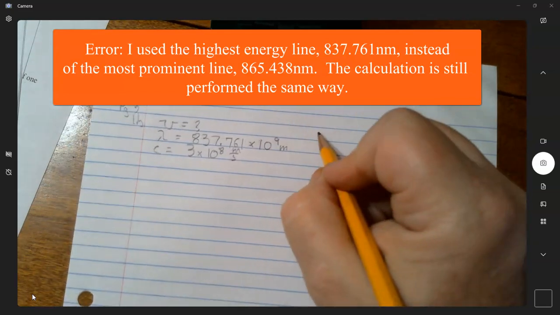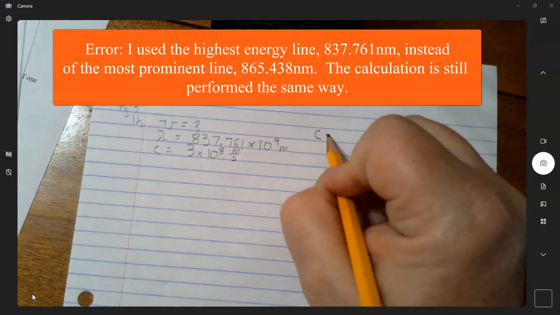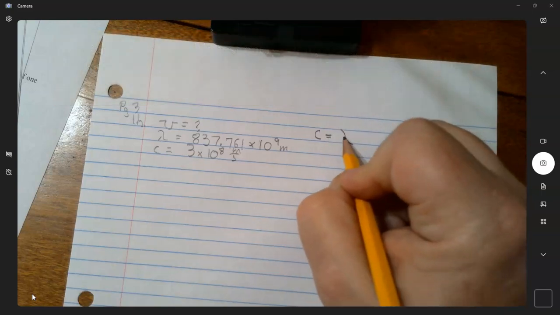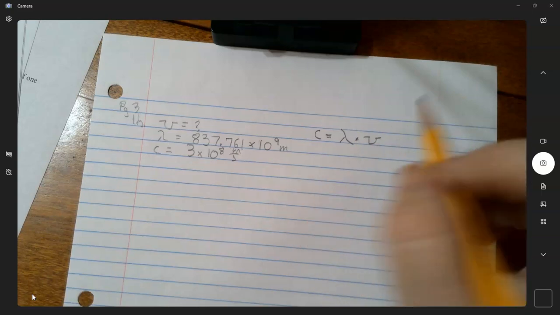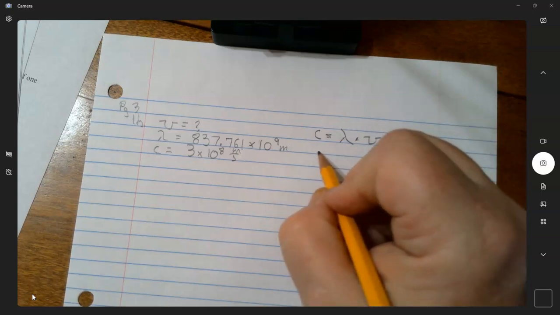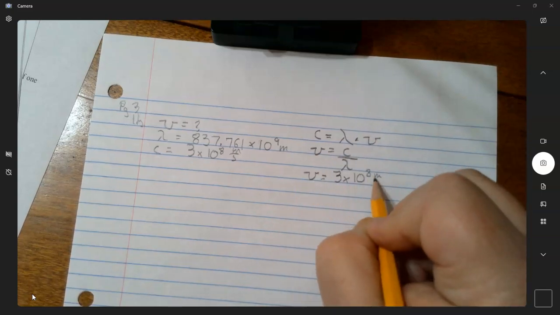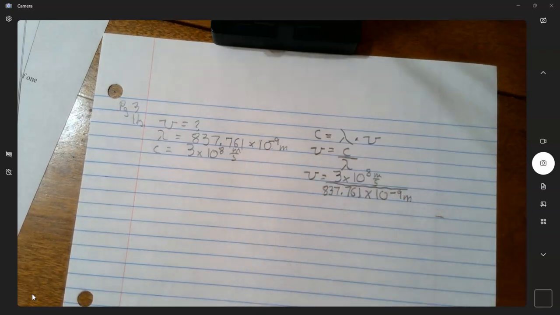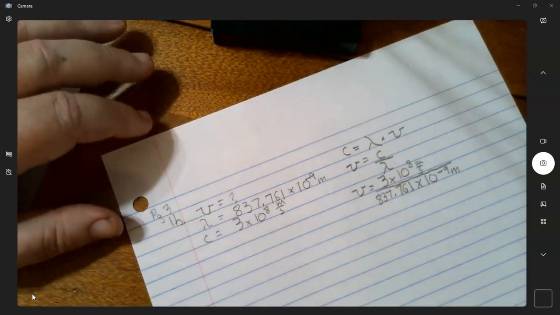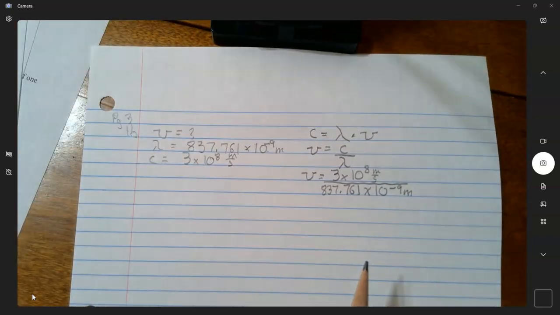And the formula is c equals, and we're looking for nu, so I think you can do the algebra by now on this. Okay, made a quick correction right there, 10 to the minus ninth, and go ahead and compute that.